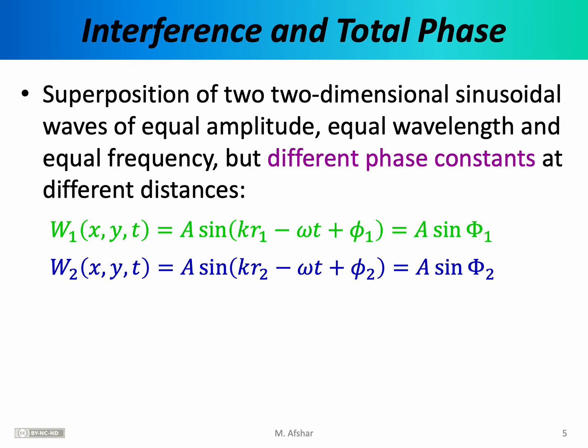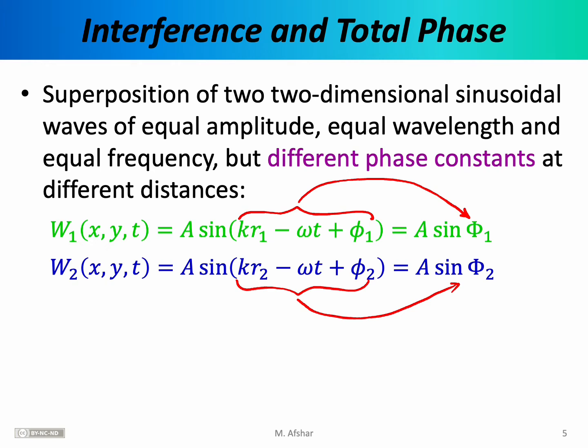In other words, everything in the parentheses that you see here, k r1 minus omega t plus phi 1, has now just been abbreviated as capital phi 1. So think of phi 1 as a complicated function that depends on t, and it also depends on x1 and y1. And then everything inside the parentheses of the second wave has been also abbreviated as phi 2.